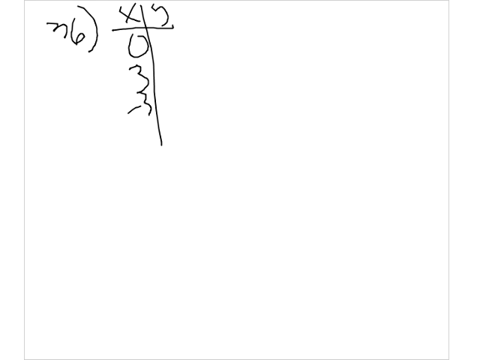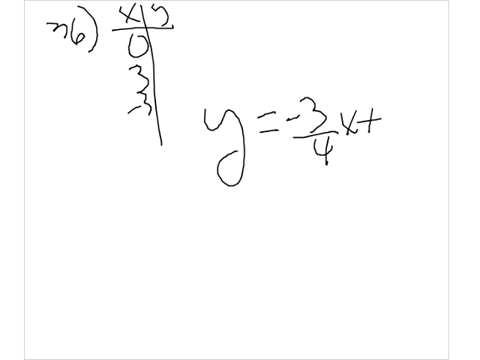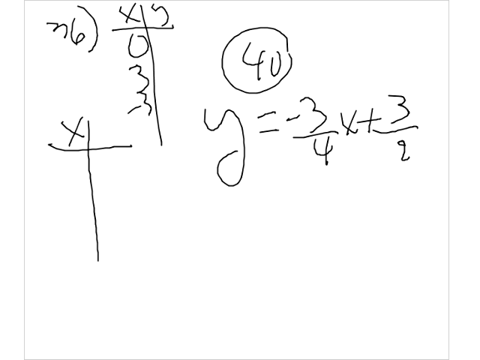Okay? Now, for question number 40, sometimes we just can't avoid dealing with fractions. And I think this might be one of the cases. We can still draw the graph, but I'm limited in my choices. Of course, for x in 40, I'm going to plug in 4 and minus 4.